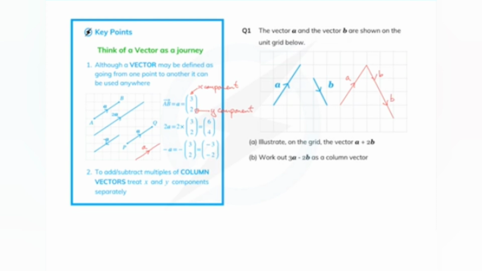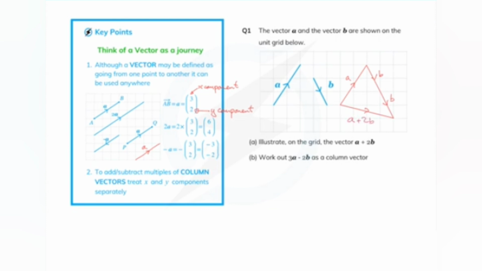Anyway, the journey is important. Where have we started? We've started here, and although we've gone round the houses and ended up down here, in fact the vector a plus 2b is from the start to the finish here. It looks like that, and we label that a plus 2b.